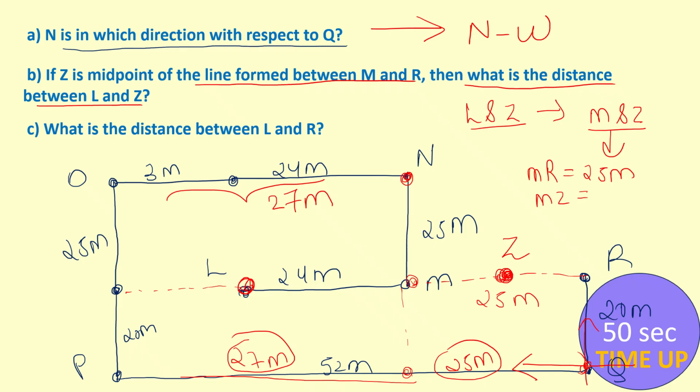So MZ will be MR divided by 2, which is 25 divided by 2, which is 12.5 meter. So I get 12.5 meter from M to Z. Once I get MZ, I can find the distance between L and Z. So the LZ distance will be: from L to M you have 24 plus this 12.5 meter.